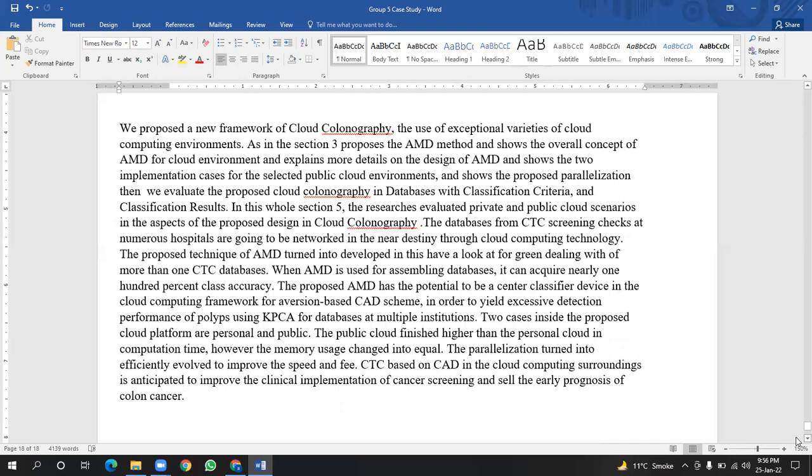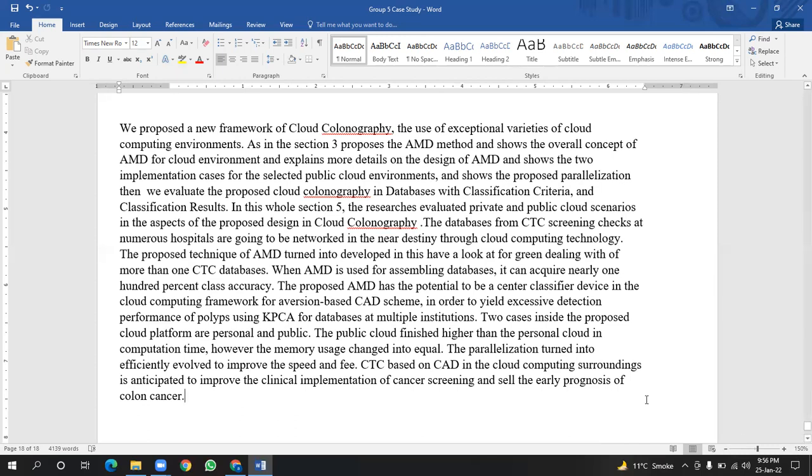The proposed AMD has potential for the central classification devices in the cloud computing framework for vision-based CAD schemes, in order to yield excessive detection performance of polyps using KPCA for databases from multiple institutions, as my friend Armaghan Rehman explained.